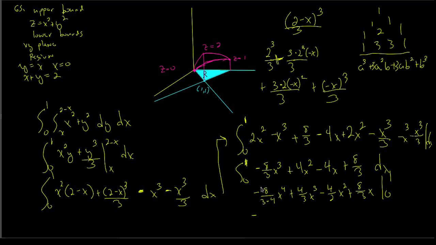So let's see, minus 2/3 plus 4/3 minus 4/2 plus 8/3. So let's see, that's 12/3, 10/3. So 10/3 minus 4/2. 4/2 is 2, which is 6/3, so we get 4/3 altogether.